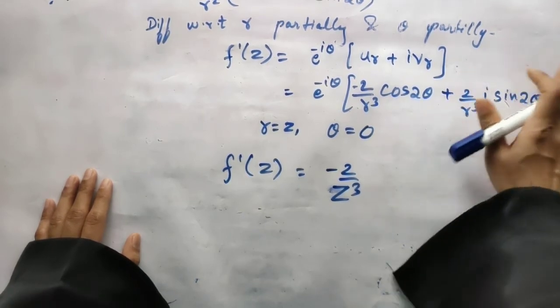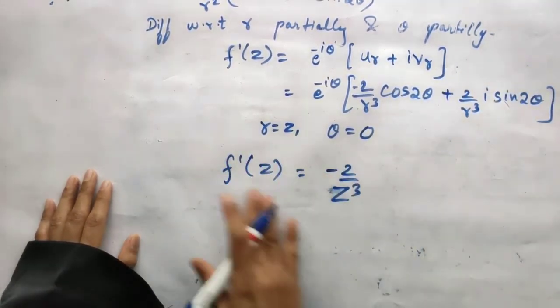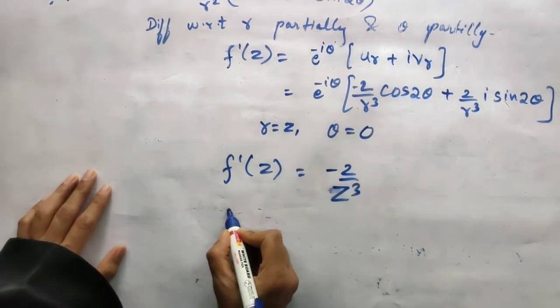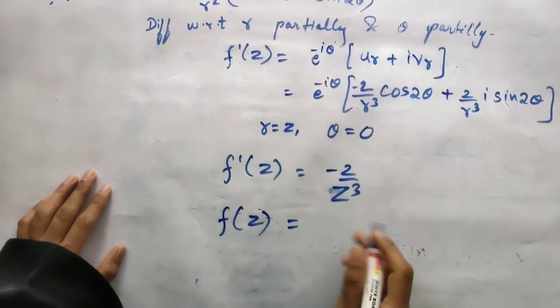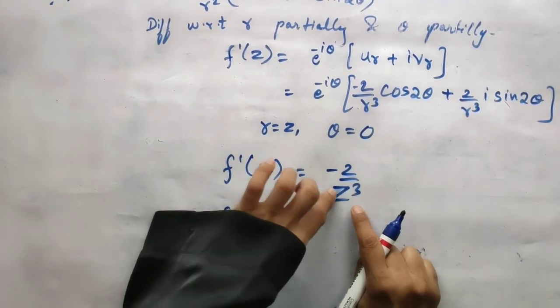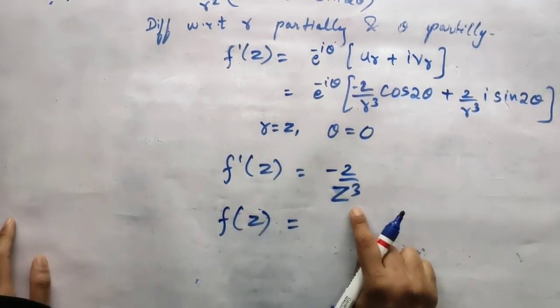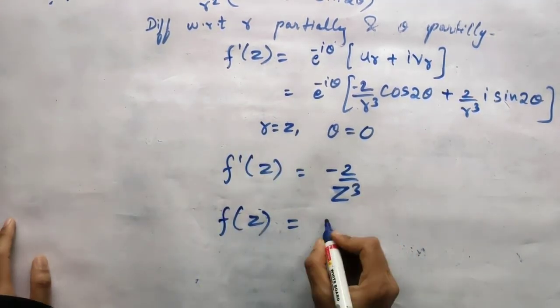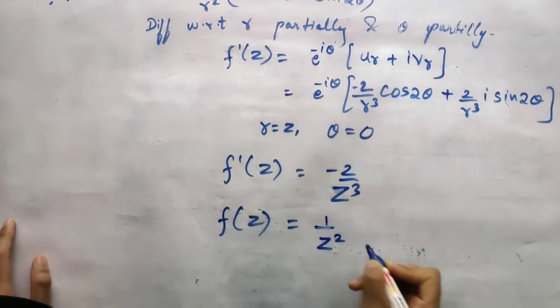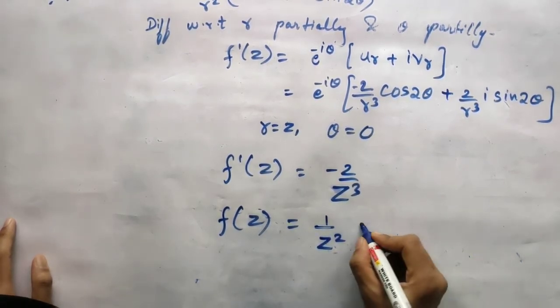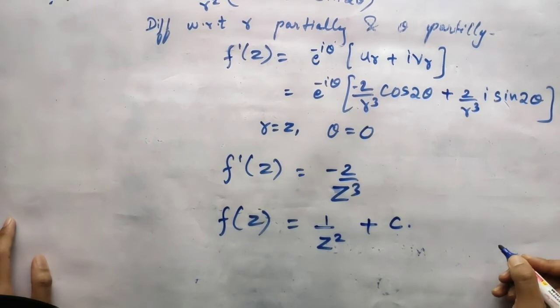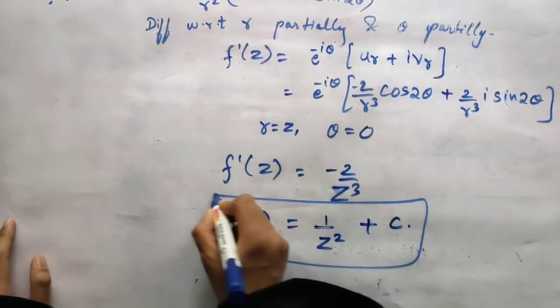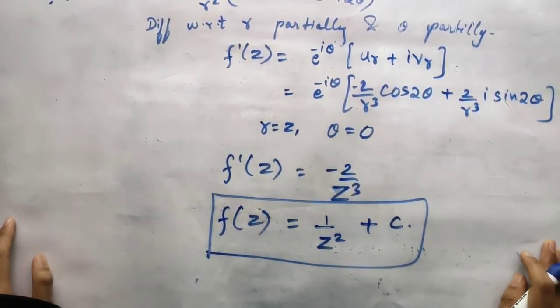Sin 0 is 0, so no need to write the imaginary part. Only f dash of z is this. So what is f of z then? If the derivative is minus 2 by z cube, what should be f of z? It will be 1 by z square plus some constant c. This is the required analytic function for this given problem.